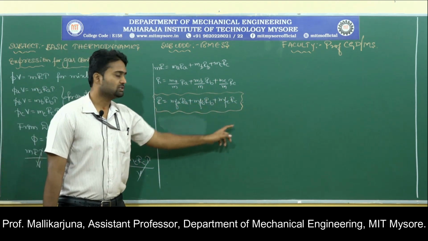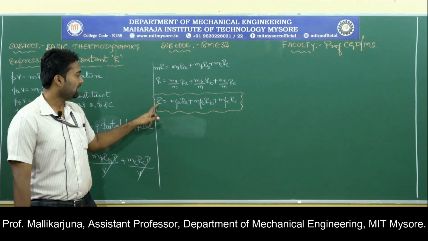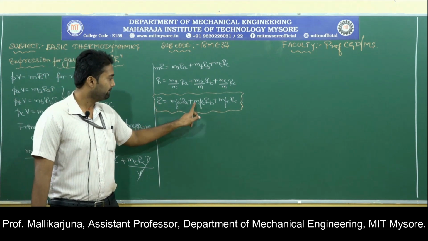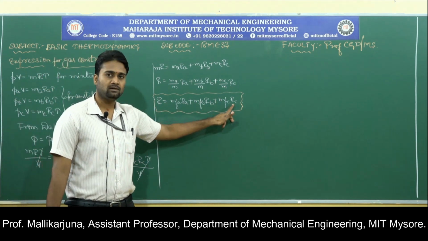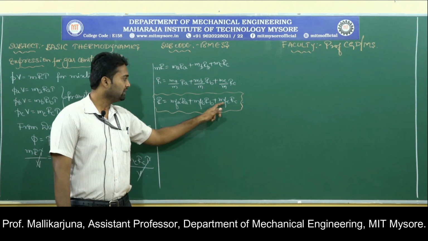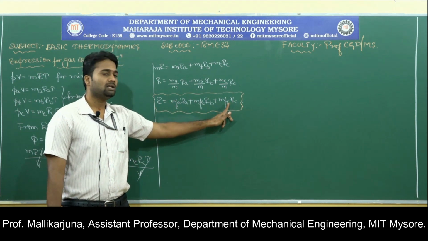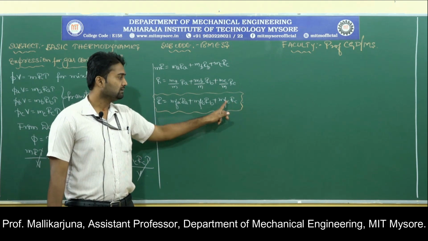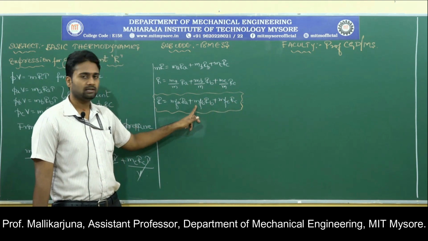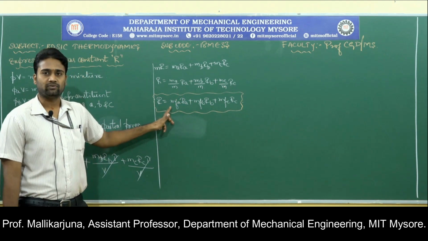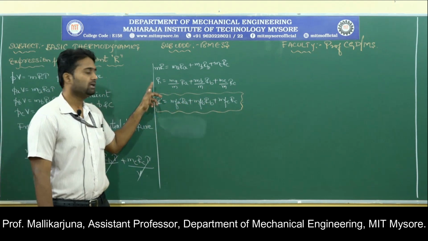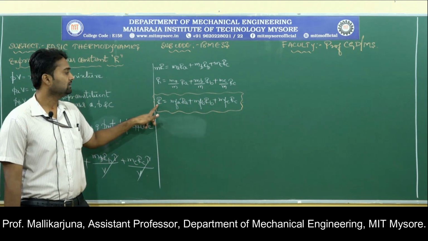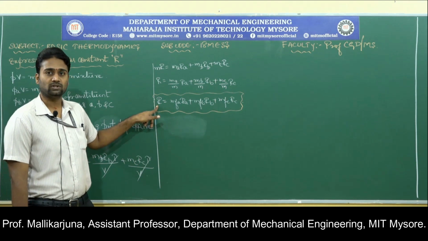If you look at the equation, it looks like this: R is equal to RA plus RB plus RC. Not only that, along with individual terms, you need to multiply their corresponding mass fractions: RC MFC, RB MFB, RA MFA. So this is the equation to find the gas constant for the mixture.